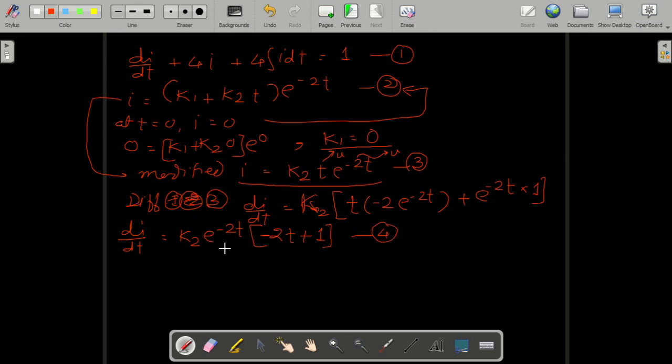Now from this one, find di by dt at 0 plus, at t equal to 0.